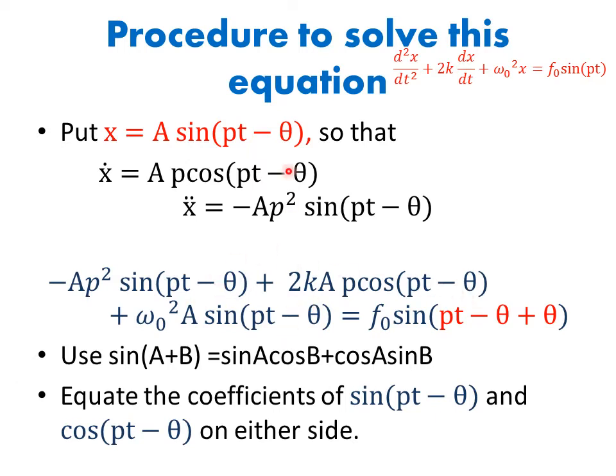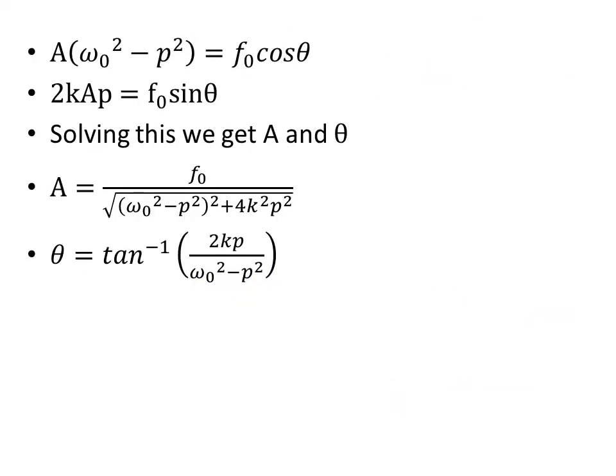If this equation is to be satisfied, the coefficients of sin(pt minus theta) and cos(pt minus theta) on either side should be equal. So you equate the coefficients of sin(pt minus theta) and cos(pt minus theta) separately on either side, and you will get two equations.